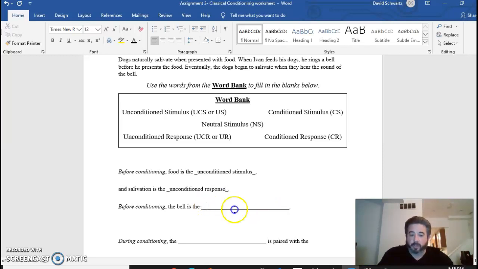As well, before conditioning, the bell is the neutral stimulus, meaning it doesn't produce much of a response at all, and certainly doesn't produce the response of salivation.